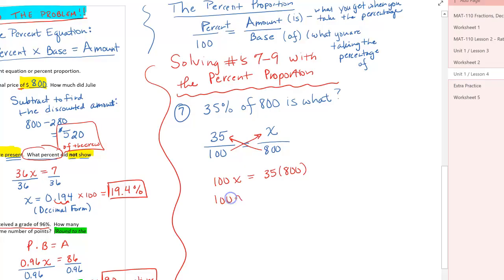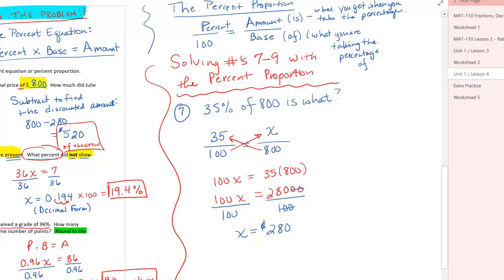So 100x is equal to 2800. And then if we divide both sides by 100, we can cancel 2 zeros and we're left with x is equal to 280.